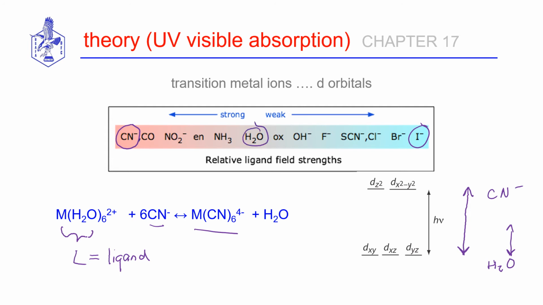So you can see the potential for us to derive important information about the complexes that transition metals form by looking at their UV visible absorption spectrum and at what wavelength do we see an absorption band in the visible spectrum.